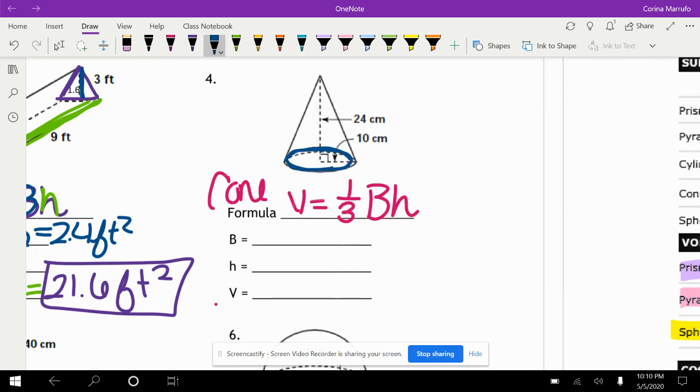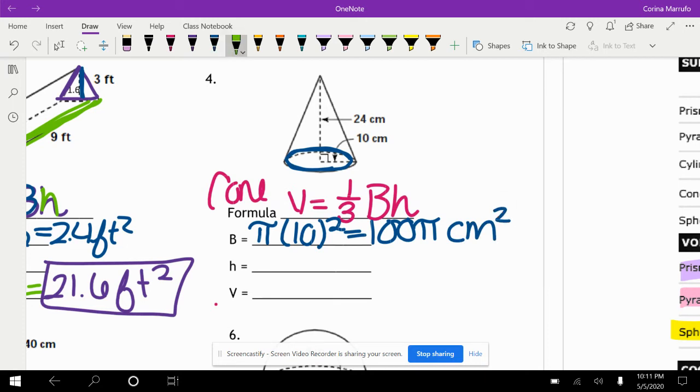So the area of the circle is pi, our radius, which is 10, squared, which is going to give me 100 pi. I'm going to leave it in terms of pi just because sometimes it gets a little bit messy. And then our units here are centimeters squared.